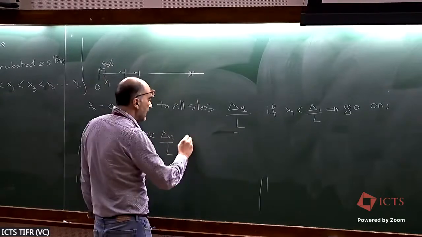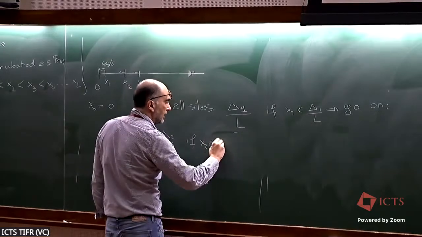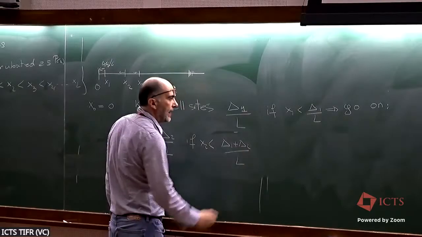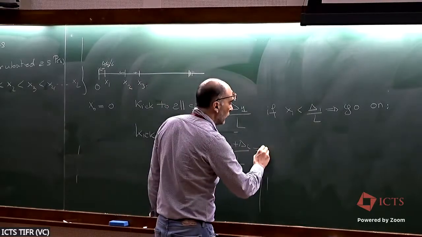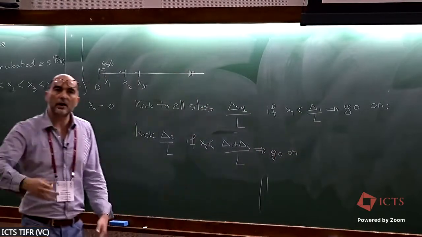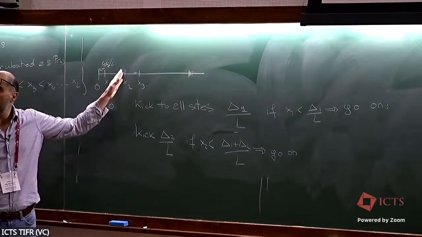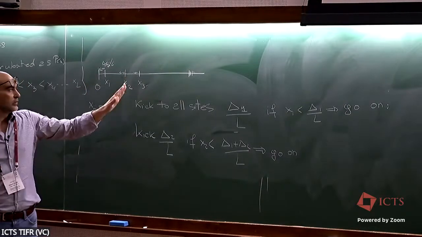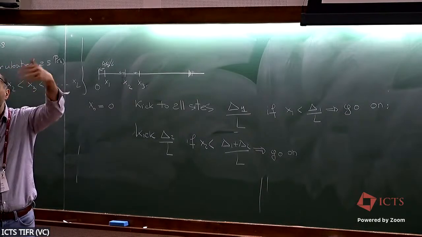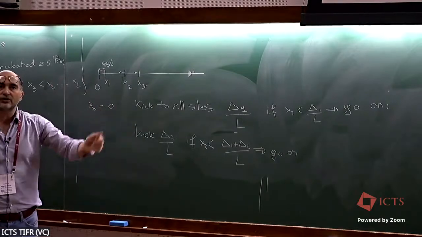And now if x2 is smaller than delta 1 plus delta 2 divided by L, you go on. You understand how it works. You check whether the most unstable sites that receive kicks reach the origin: the second one receives 2 kicks, the third one receives 3 kicks. If they reach the origin, then the avalanche goes on and on.